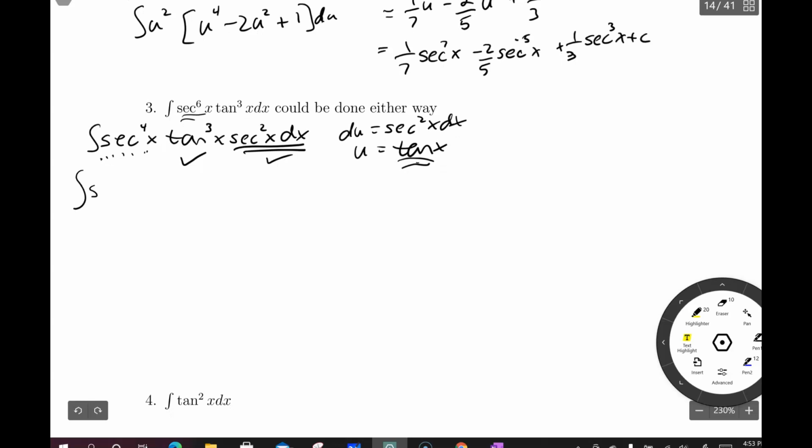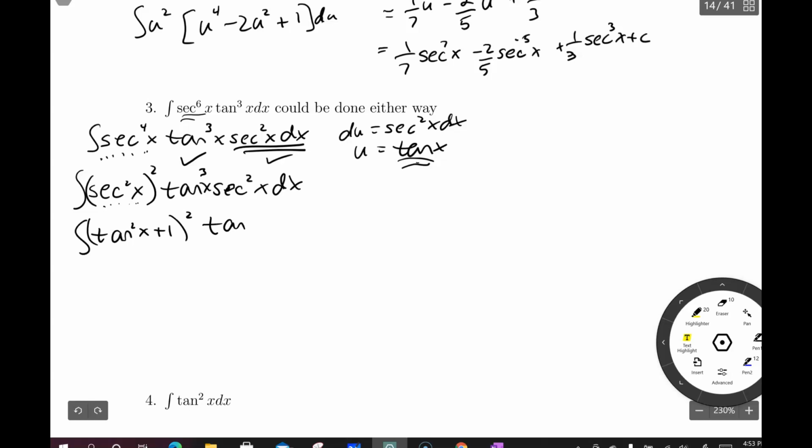So you would have to think of this as secant squared squared. Oops, lost my x. Secant squared. Okay, so rewriting this, I would say that this is tangent squared x plus 1 inside the square. Tangent cubed, secant squared.